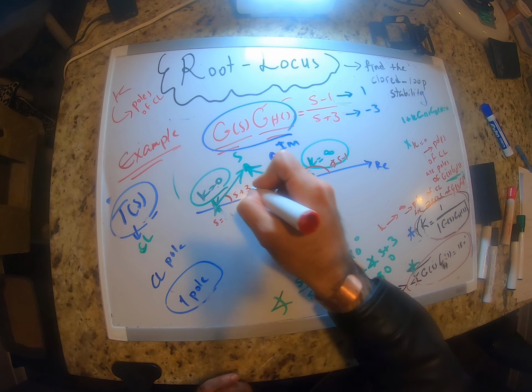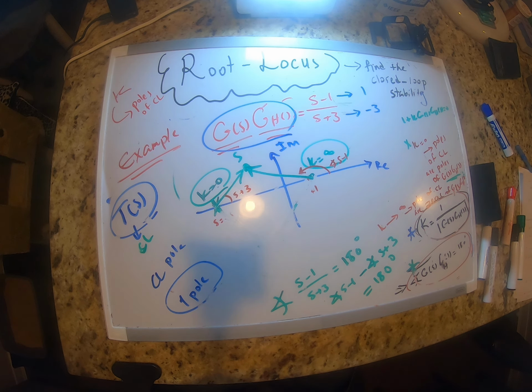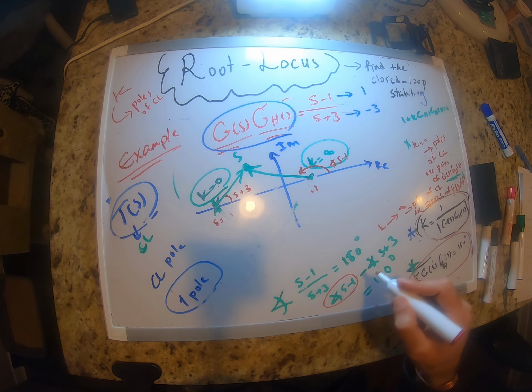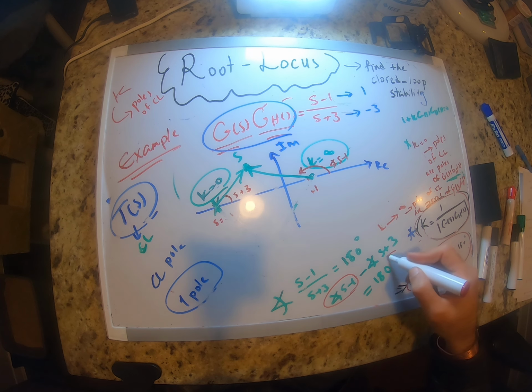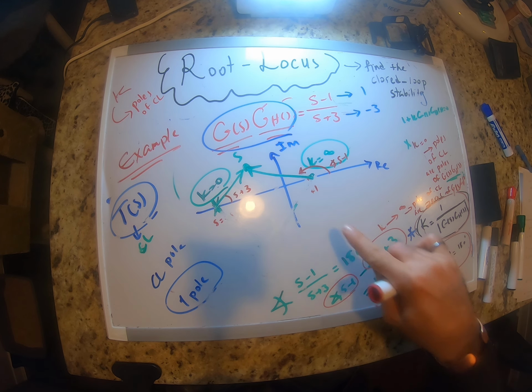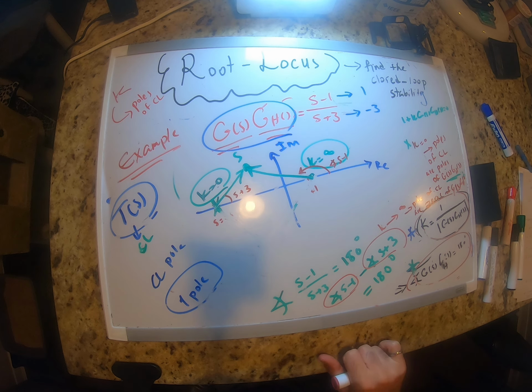So this is this angle, and this one is this angle. The difference between them has to be 180 degrees to have a pole of the closed loop system.